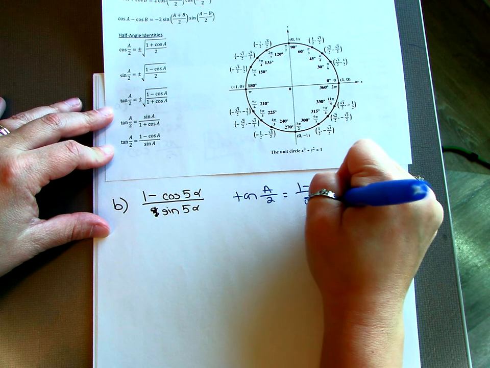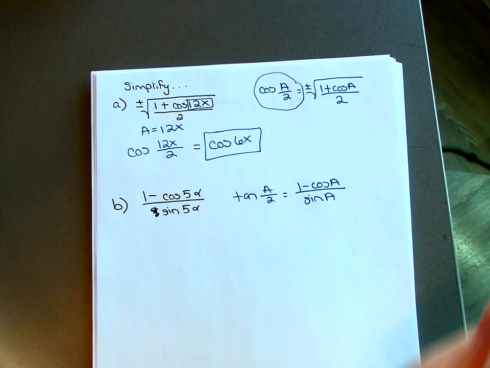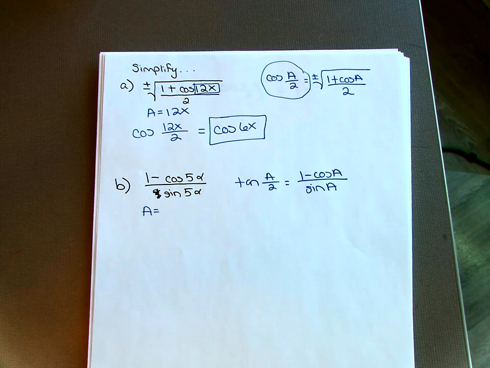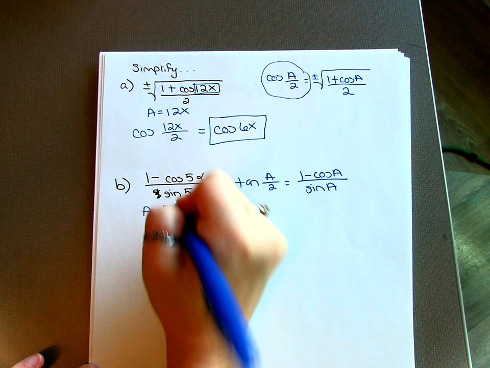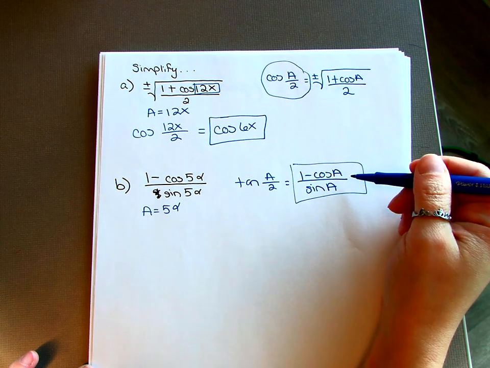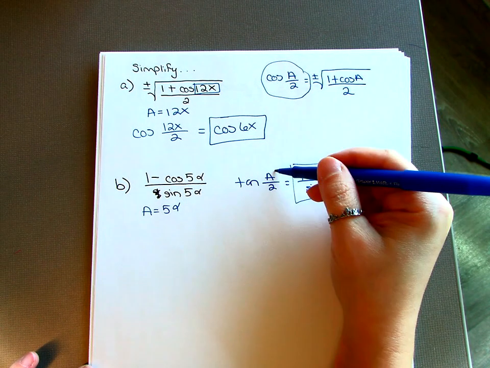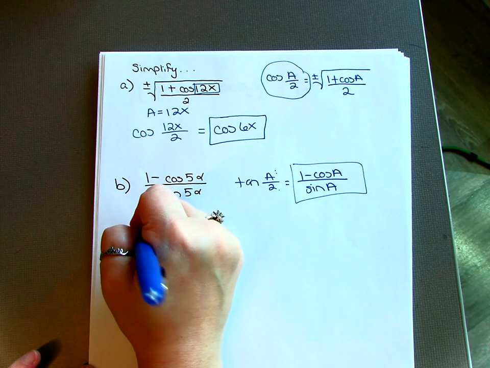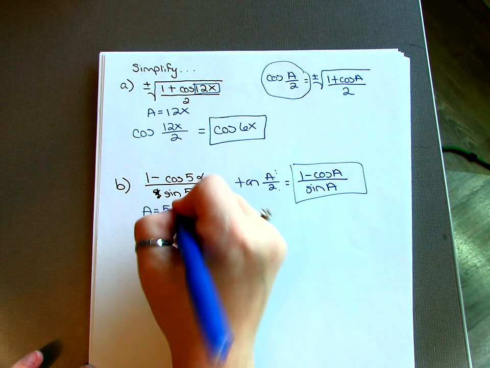So if that looks a lot like that identity, then what is my a in this case? Yeah, the 5 alpha. So if all of this with our a's equals tangent of a over 2, then that means we have tangent and our a is 5 alpha over 2.